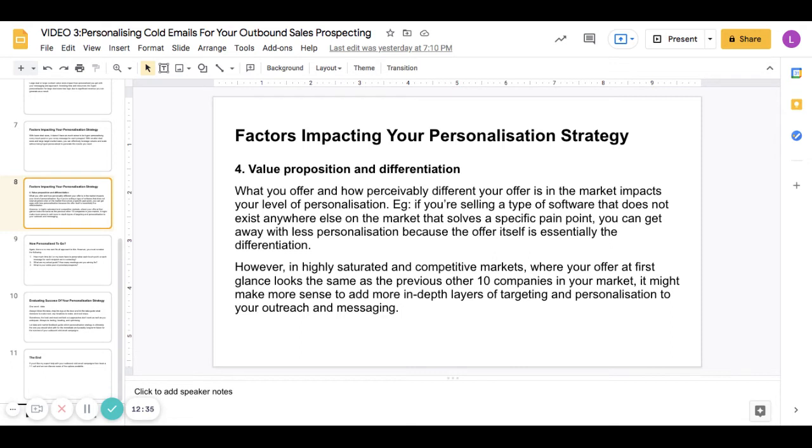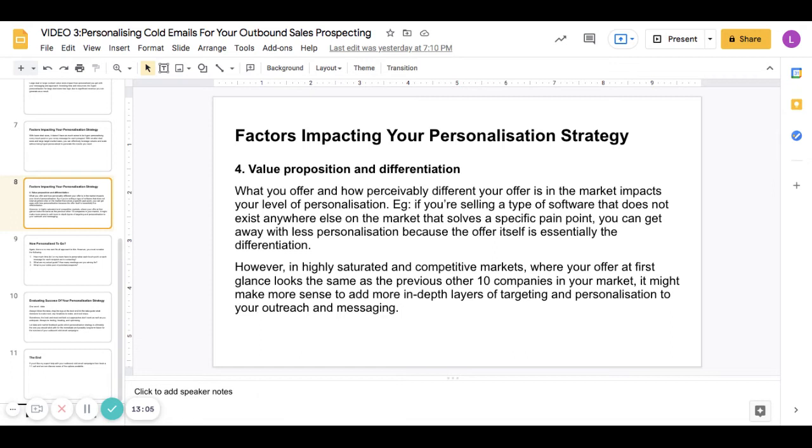To give you an example, if you're selling a software, and there's literally no other software company on the planet that sells this specific type of software that solves this specific type of pain point, that essentially is your differentiation in your email. Because if you're reaching out to the right prospects for that specific offer, they're going to see, oh, holy shit, there's nothing else on the market like this.